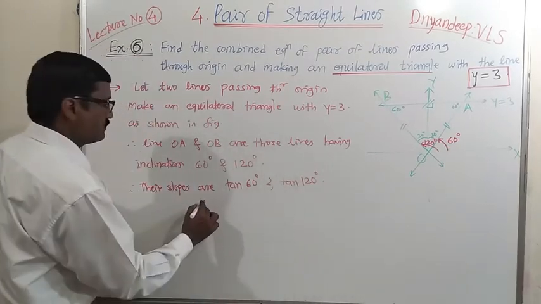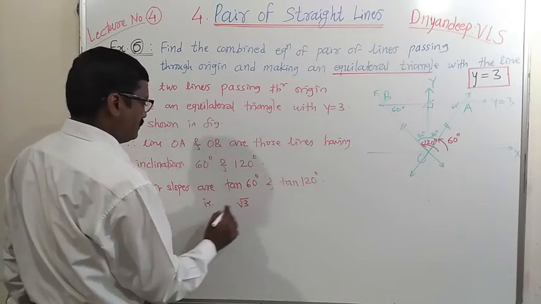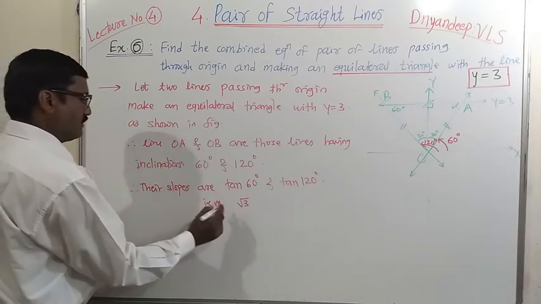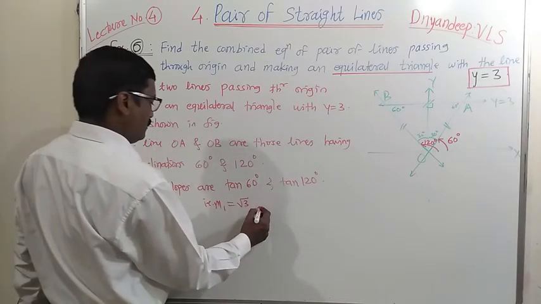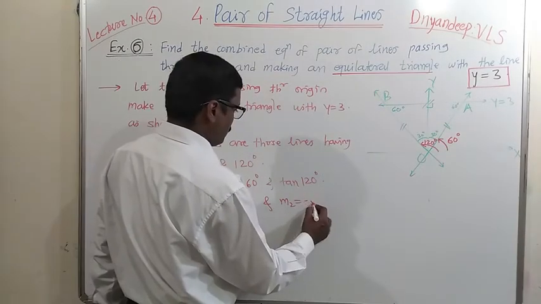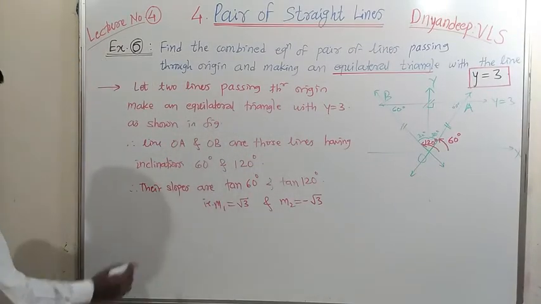That is, tan 60 is root 3, that is m1. Therefore, their slopes m1 equal to root 3 and m2 is equal to minus root 3. So these are the slopes of the two lines.